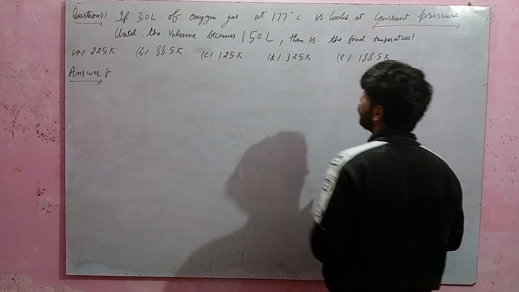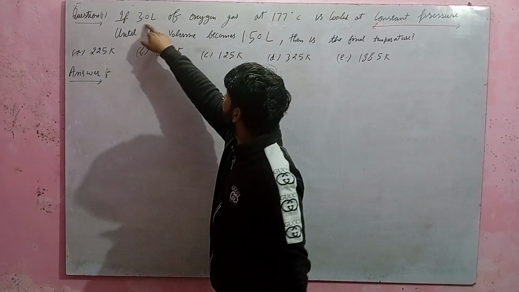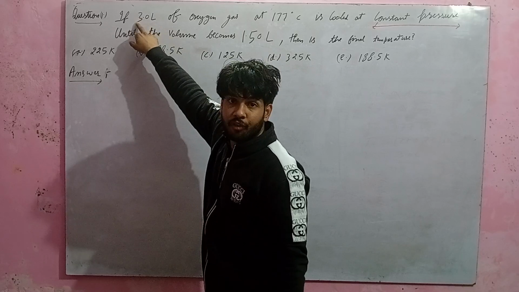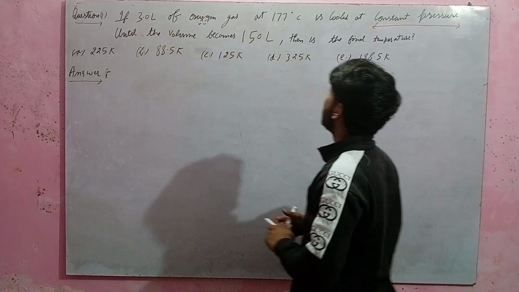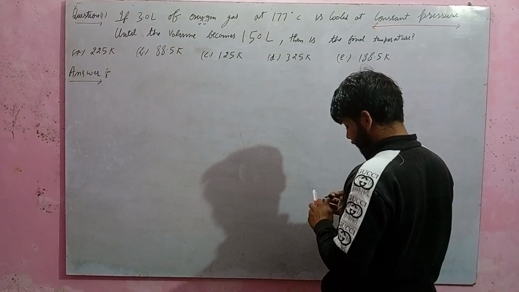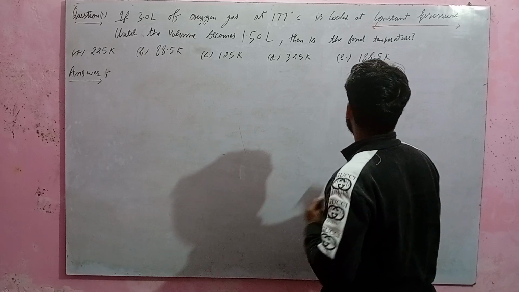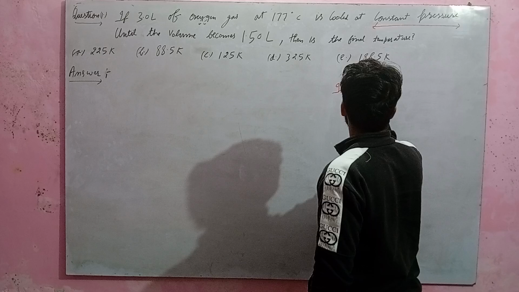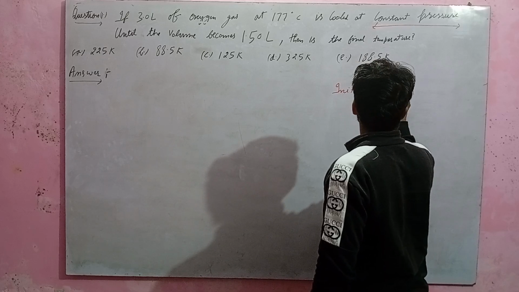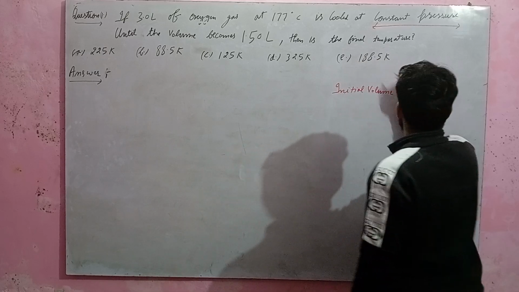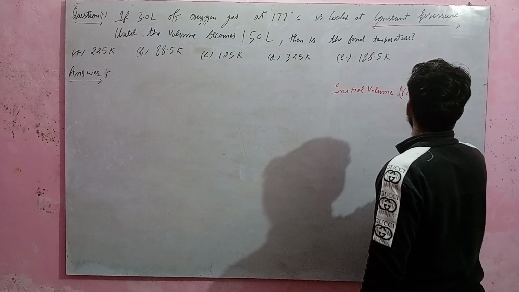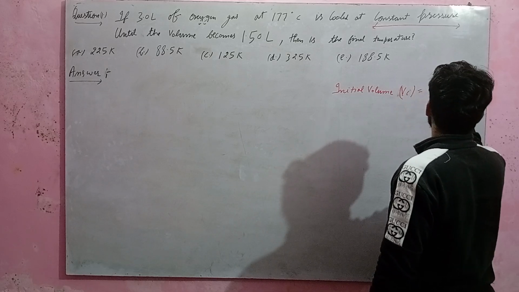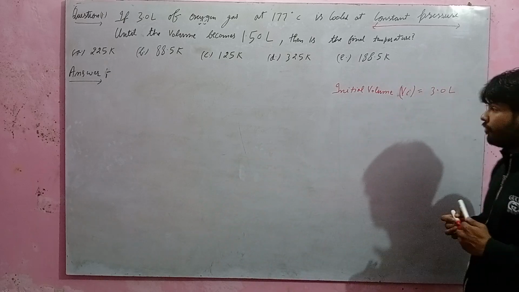Given is 3 liter of oxygen gas, that means the initial volume of the gas, denoted by Vi, is 3.0 liter.